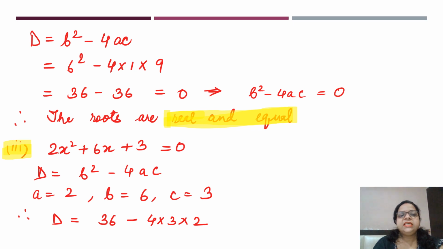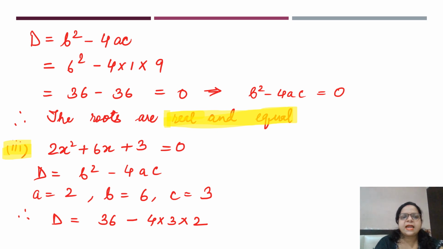We find that b square minus 4ac is equal to 6 square minus 4 into 1 into 9, that is 36 minus 36 is equal to 0. Therefore, b square minus 4ac is equal to 0. Therefore, if b square minus 4ac is equal to 0, it implies that the roots are real and equal.